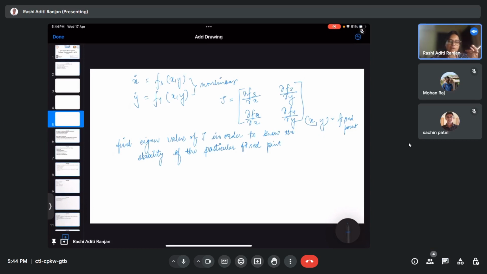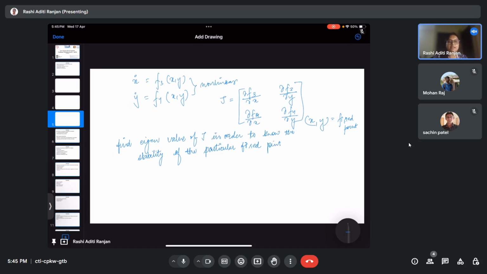You must have studied the Taylor series and Maclaurin series in mathematics, where we linearize the system about a point, right? Similarly, the Jacobian is used to get a linearized system about a fixed point. Definitely for a linear system we don't need the Jacobian, because a linear system is already linear.